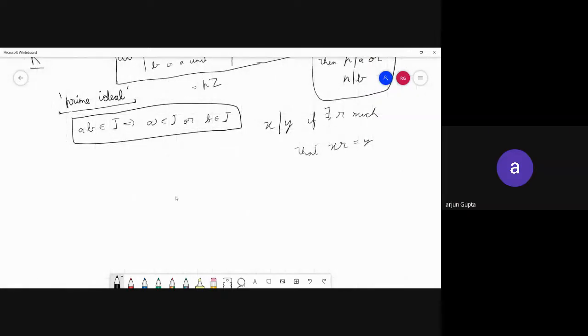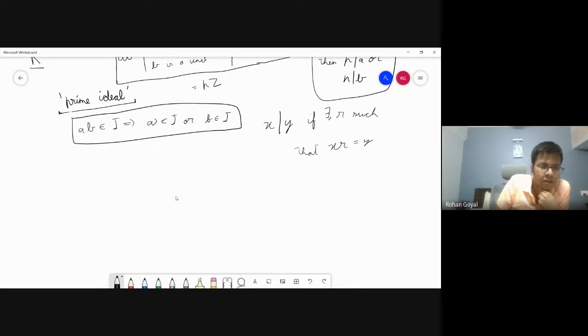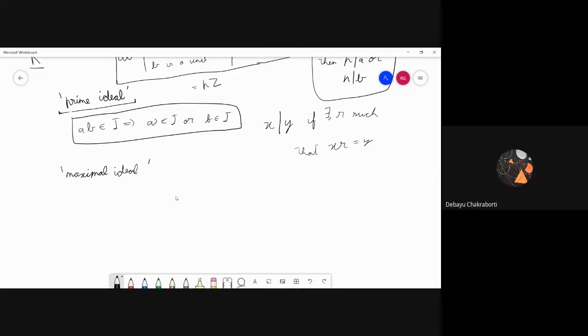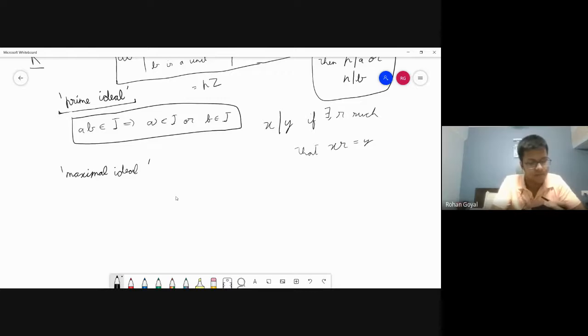Okay. We also have a concept of something called a maximal ideal. Can anyone guess what maximal ideal would imply? The largest ideal that... What do you mean by largest ideal?